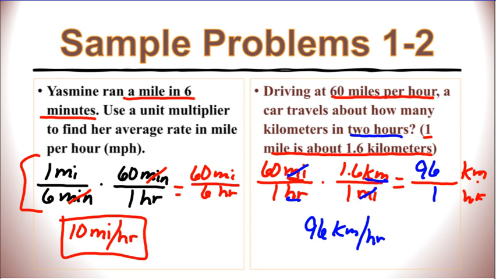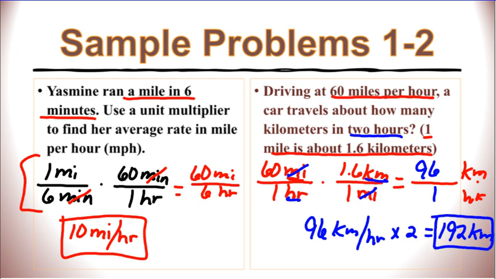So if this is in 1 hour, I need to make that into 2 hours. So I could actually multiply this by 2. So 96 times 2 would give us 192 kilometers. And this would be our answer.